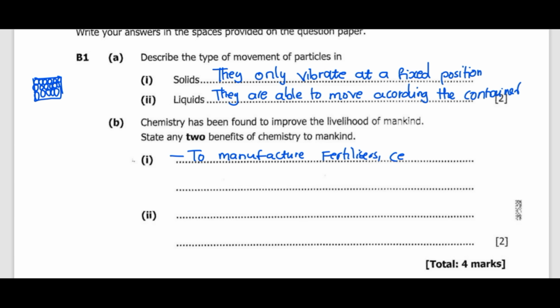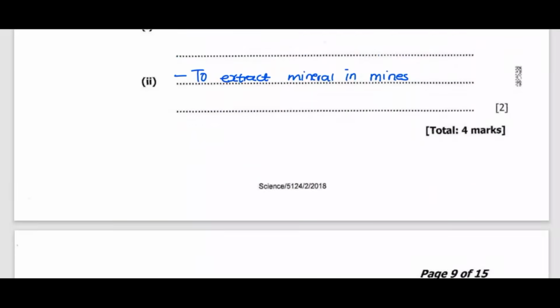Then manufacture of cement is chemistry. Then to extract minerals in mines is chemistry. Then in homes we have cooking, which requires chemistry, washing requires chemistry, formation of explosives, that is chemistry.